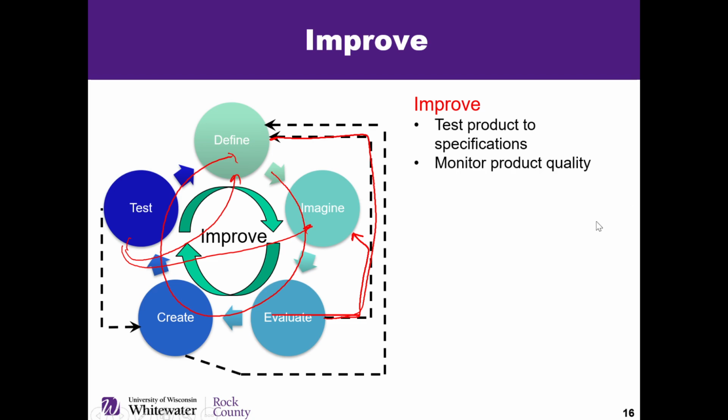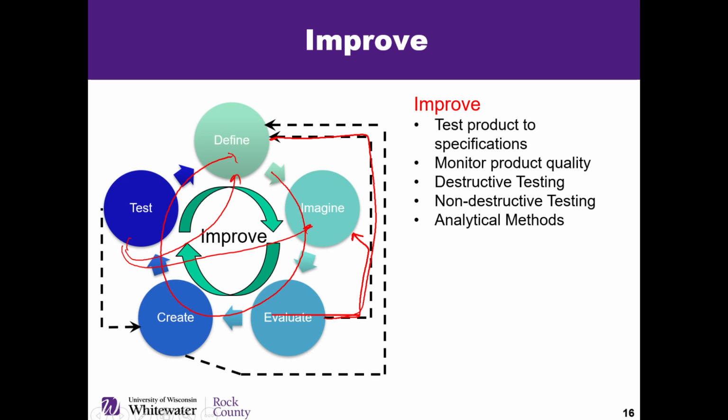All right. And in the end, we're also going to monitor the product for product quality and see how it does. And then we can also look at destructive testing and non-destructive testing of the final product. And we can use analytical methods, age acceleration type things. If you ever thought about how one knows that a product will last, a switch will last, or a light bulb will last 7 years or whatever, well, they can do it through age testing.